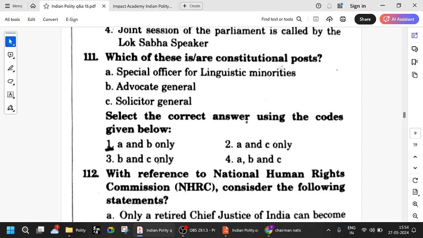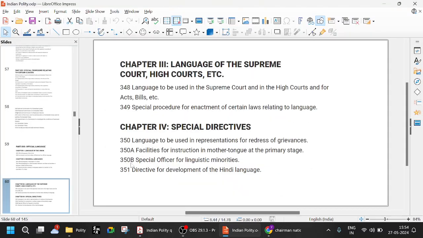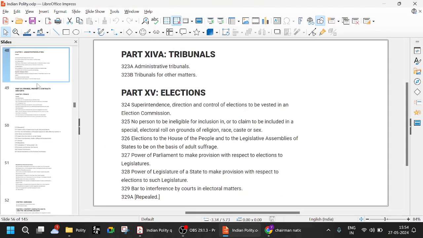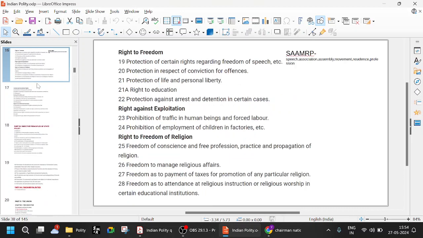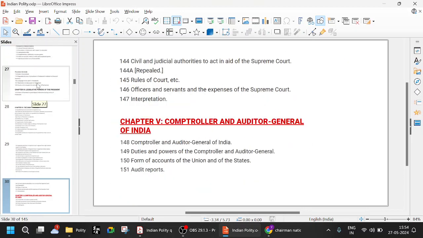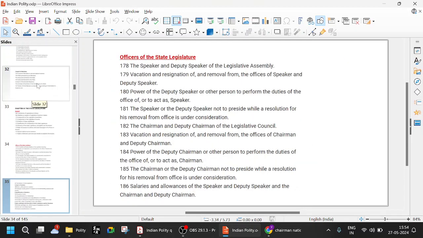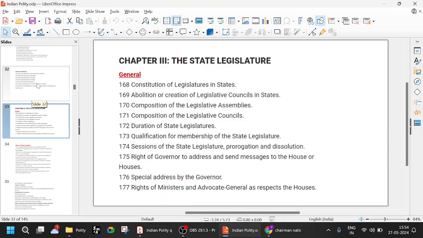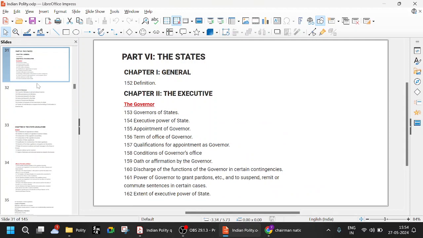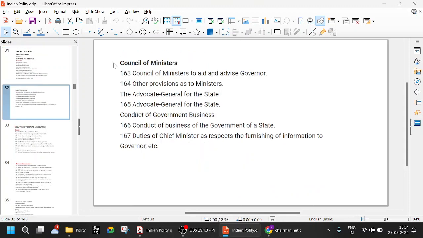Advocate General also is mentioned. Advocate General will be in the state government, so we have to go back to the state government part. 153 is governor, 163, 164 is chief minister, council of ministers.